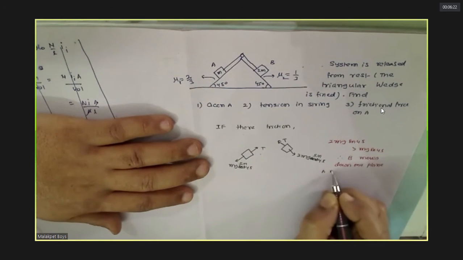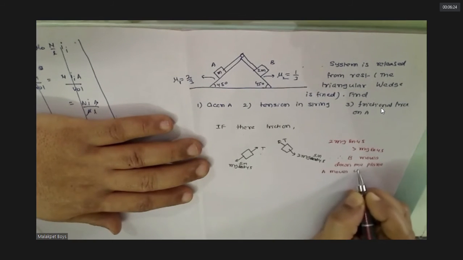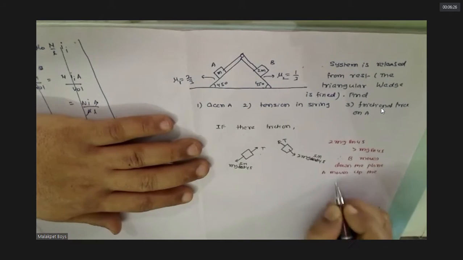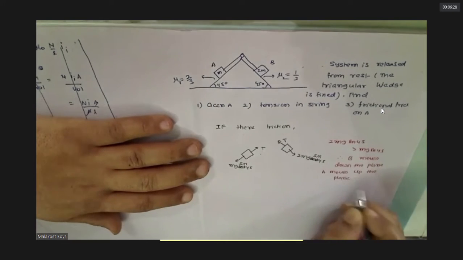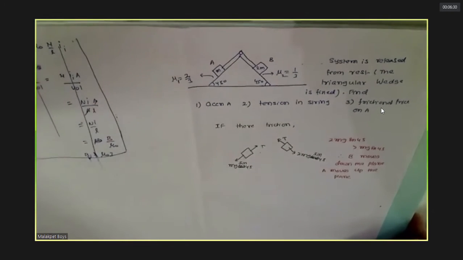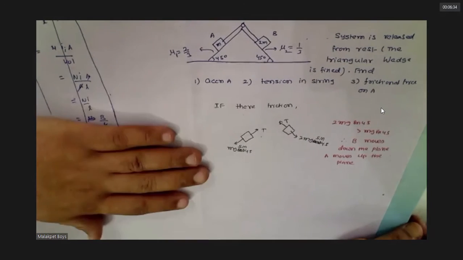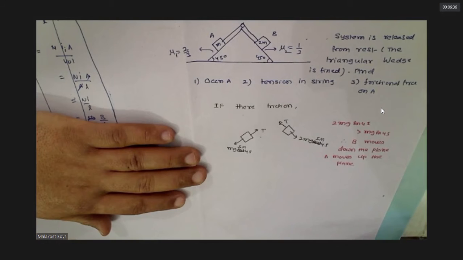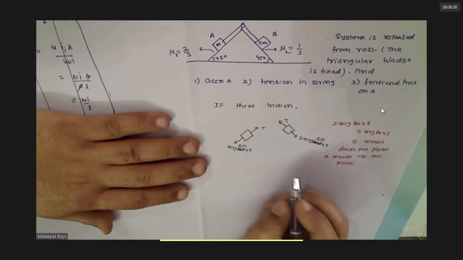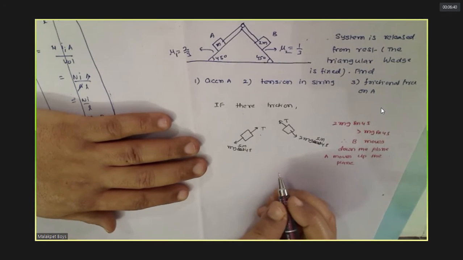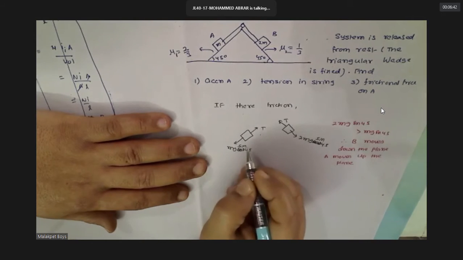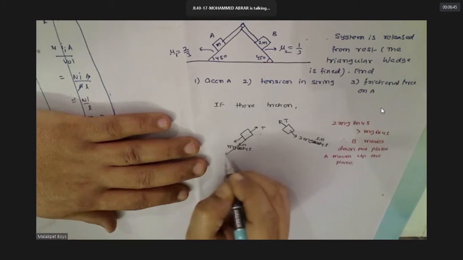A moves in which direction? Up the plane. Do you agree with this? That means frictional force will be in which direction? For A, it will be down, and for the other block, it will be up.